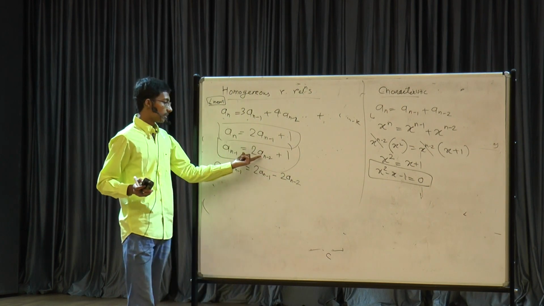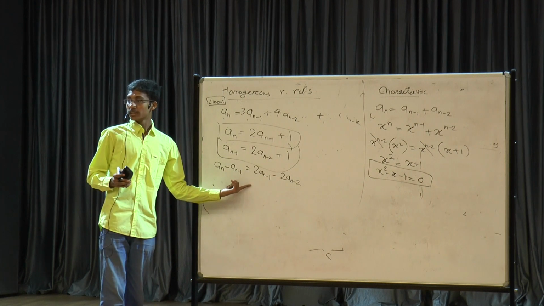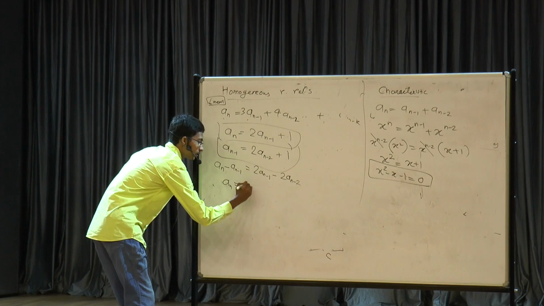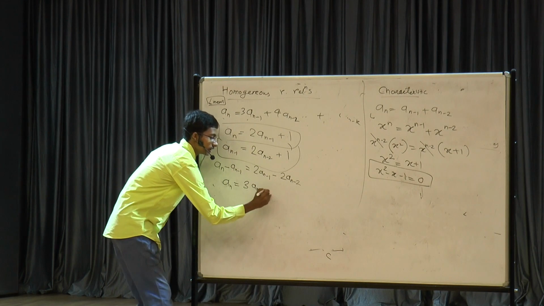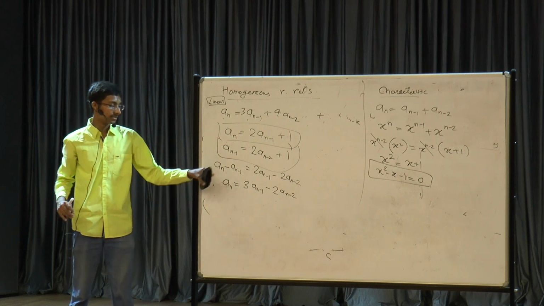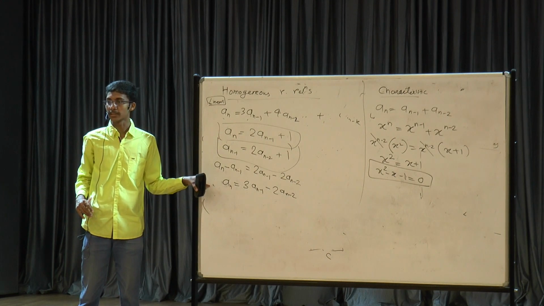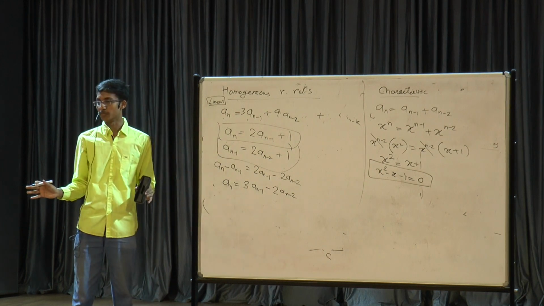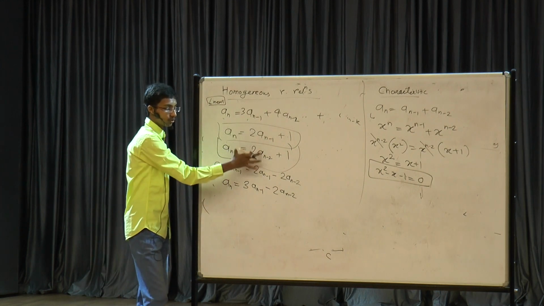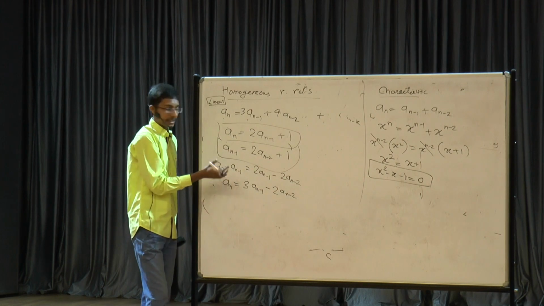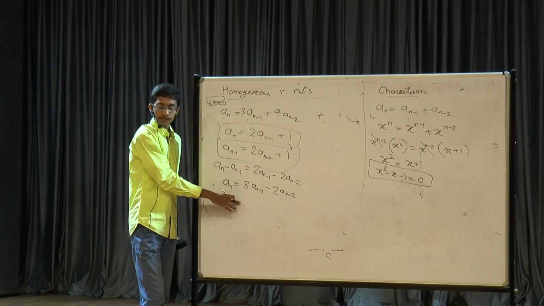So for example, if I were to convert this into a polynomial, what is this? This is a_n equals 3a_(n-1) minus 2a_(n-2), right? This is the exact same thing. They all convey the exact same information, because from this I wrote this. Subtracting these two, I got the third equation, and that one I have rewritten here.